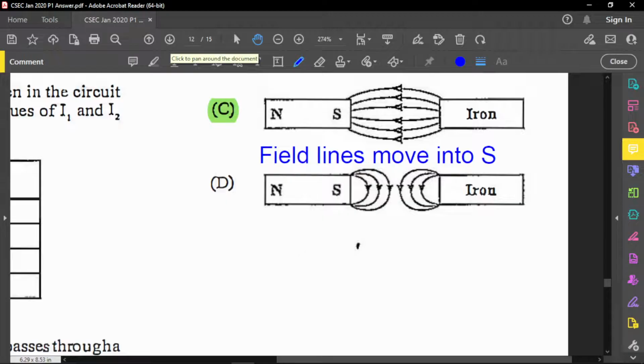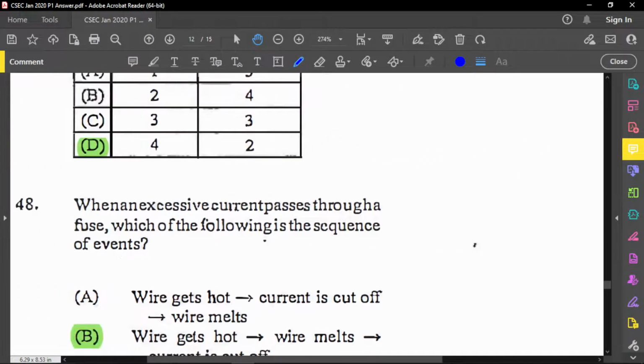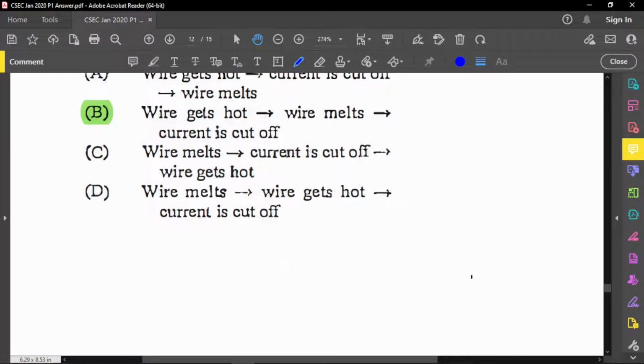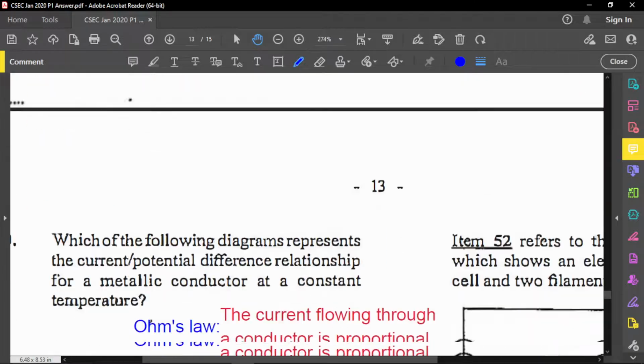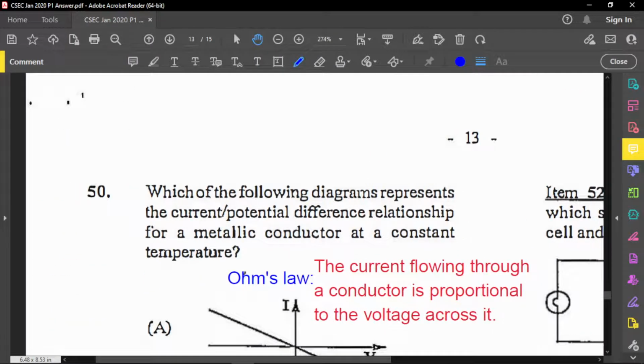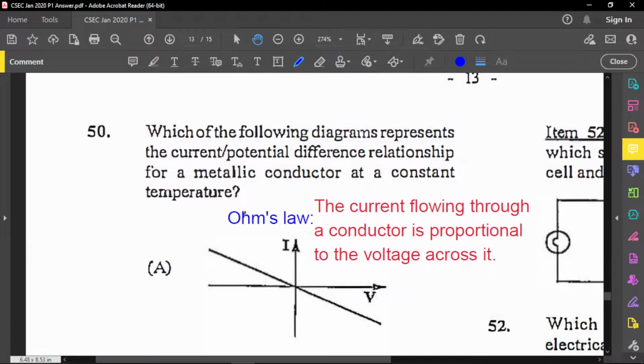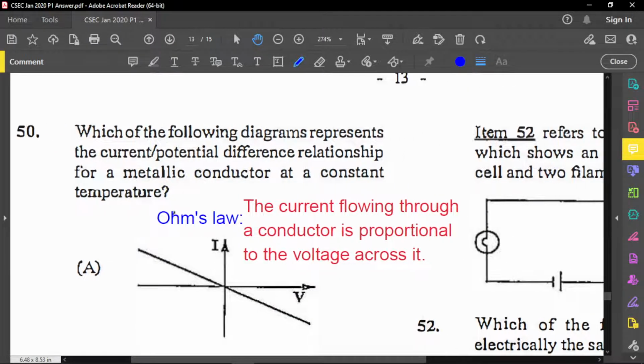All right, so let's go to the next question now, which I think is question number 50. Yep, question number 50: which of the following diagrams represents the current/potential difference relationship for a metallic conductor at a constant temperature? Again, this is a repeat question, and we know that this refers to Ohm's law. Ohm's law states that the current flowing through a conductor is proportional to the voltage across it.